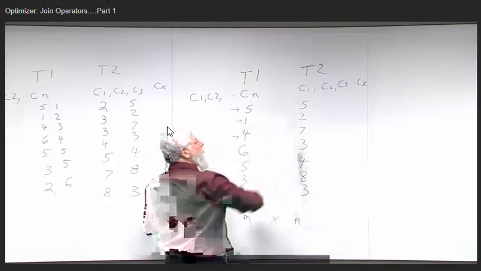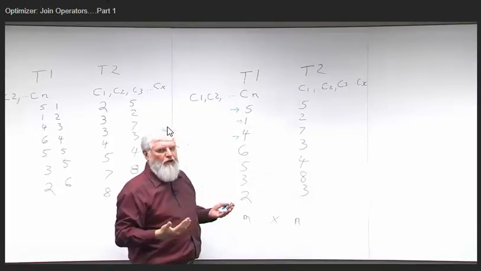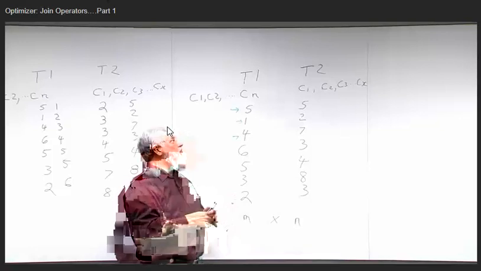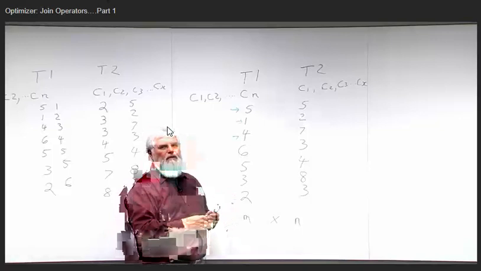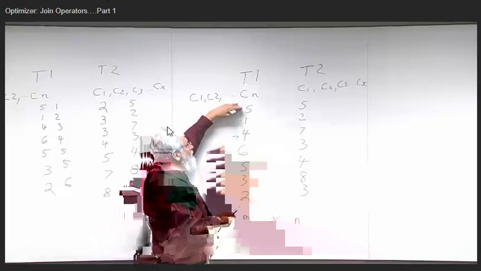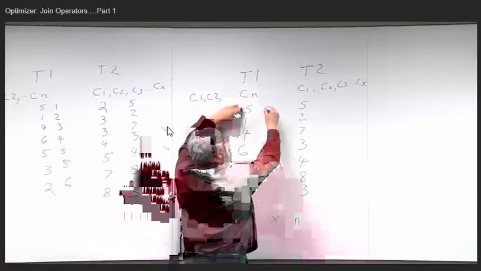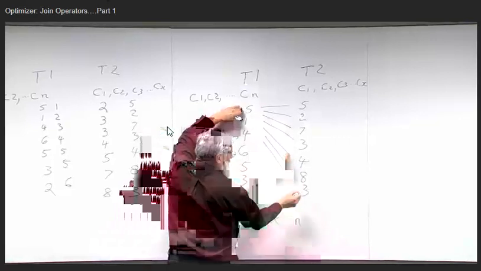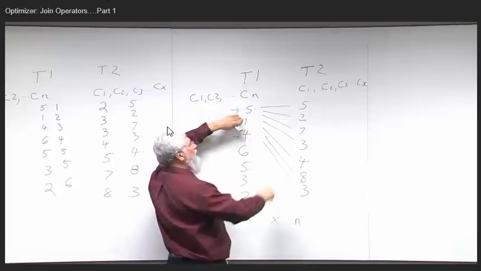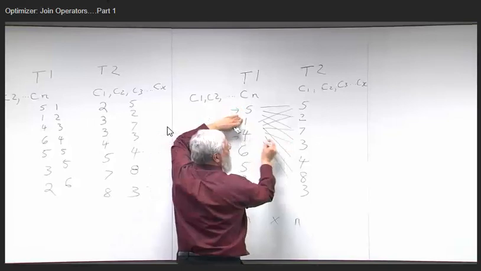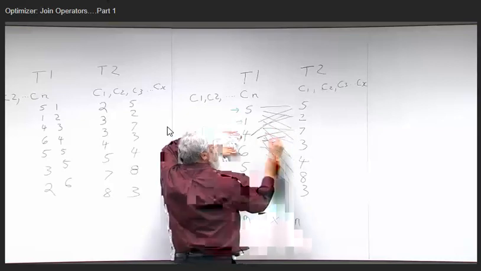So I take every row out of the first one and I join it with every row out of the second one. Okay. Then I read the second one and I join it with every row out of the second one. I do this. And I just keep going until I do all of them. In that case, I have to produce m times n outputs, so I do m times n reads.